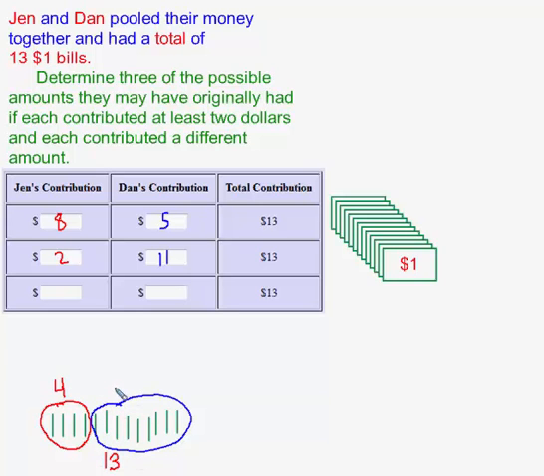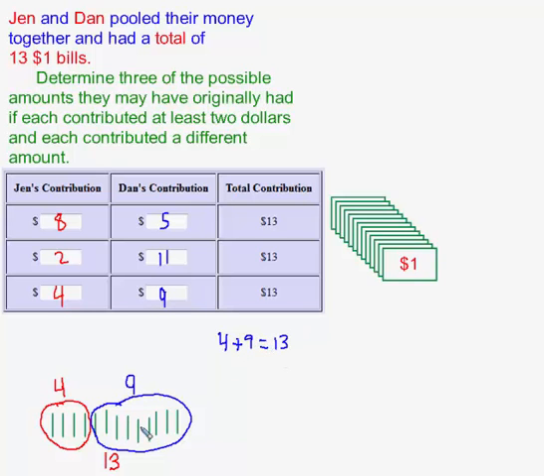So what would this number be? 1, 2, 3, 4, 5, 6, 7, 8, 9. So Dan must have given $9. So Jen's contribution of 4, added to Dan's contribution of 9, gives you the whole amount of $13. You might see this as an equation: 4 plus 9 equals 13.